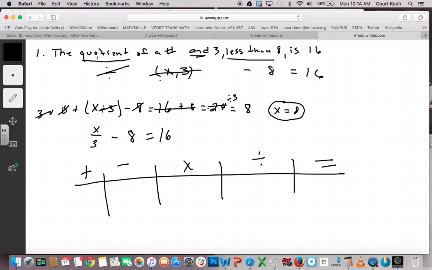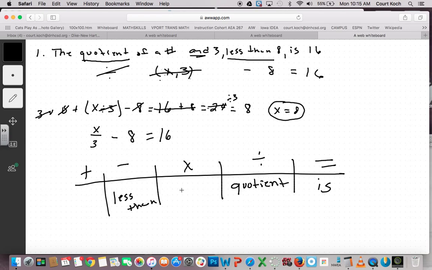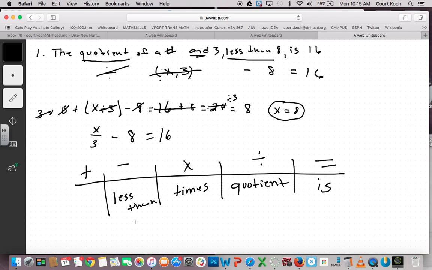In this problem, quotient is a word that means divide. Is was our add word, and less than was a subtraction. In the second example, we had is 4 times, so we had times. Minus. And you get the idea.